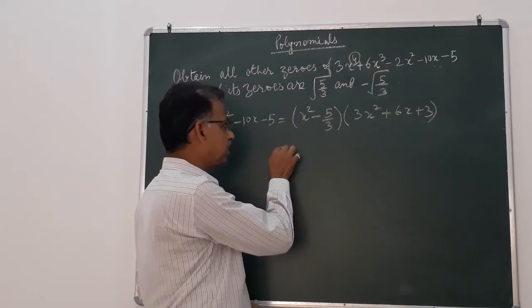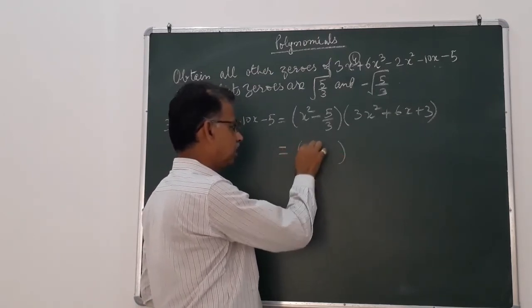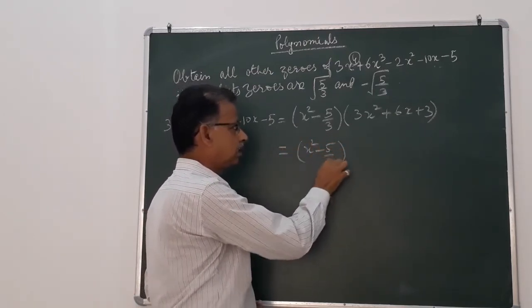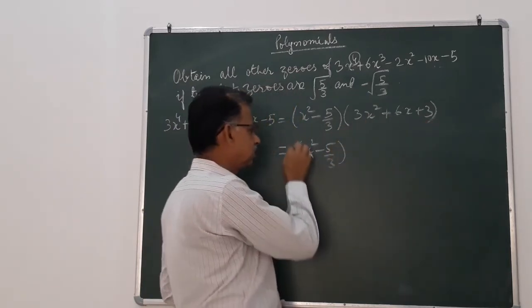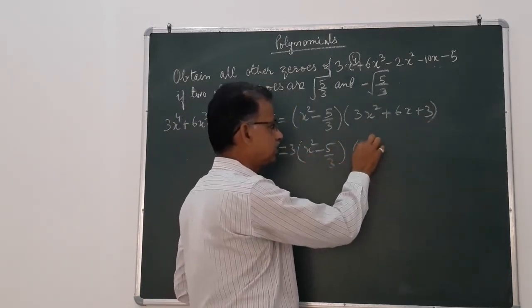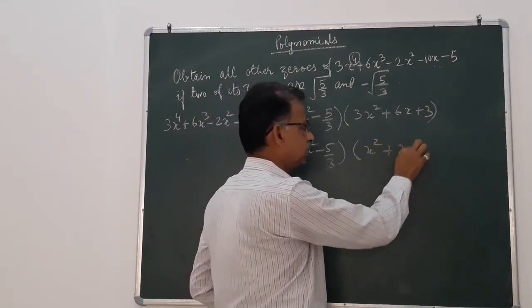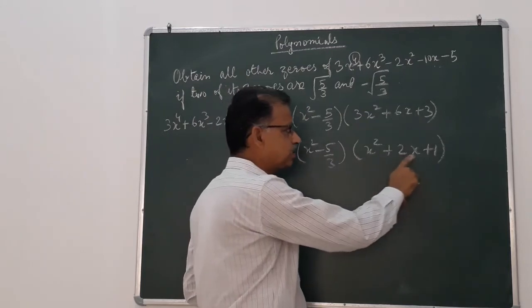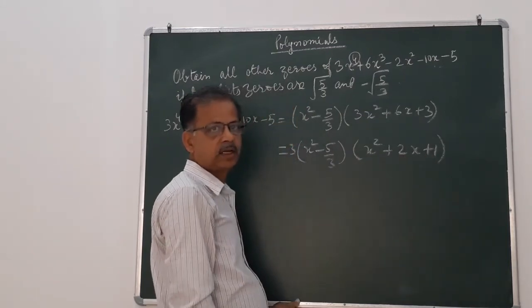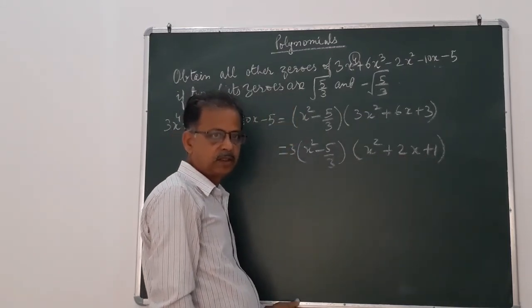Now we take 3 common from second factor. So it becomes x square plus 2x plus 1. Now x square plus 2x plus 1 is a quadratic polynomial.